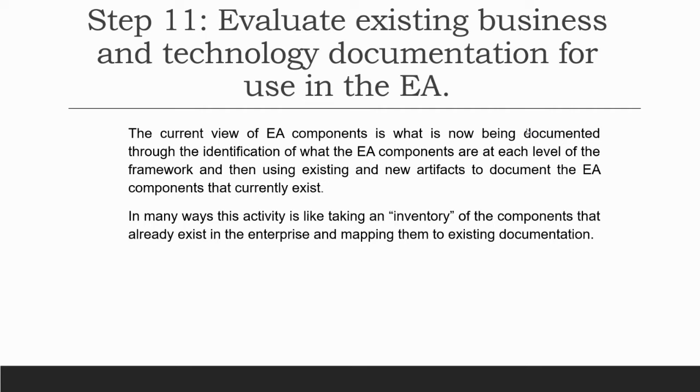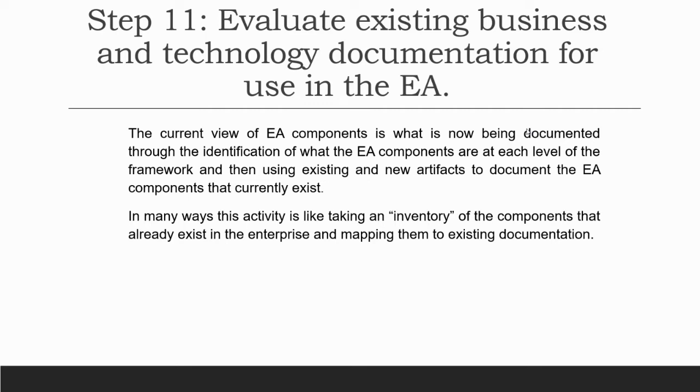What is presently being discussed in phase 3 is the current perspective of EA components, documented by identifying what the EA components are at each level of the framework. Then we'll use existing and new artifacts to document the EA components that presently exist.